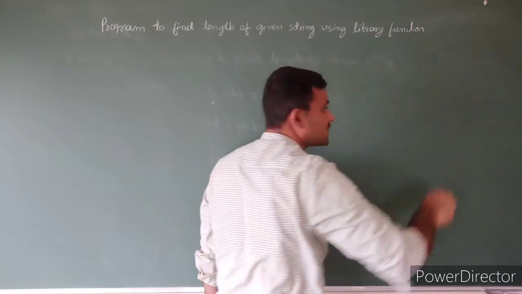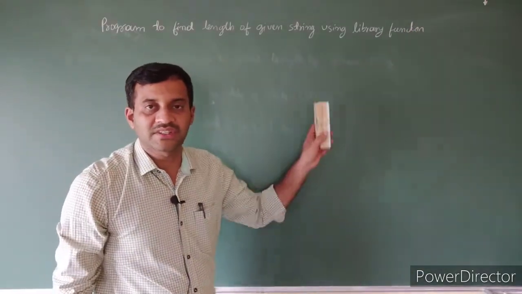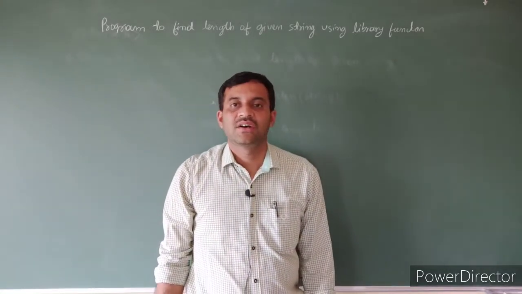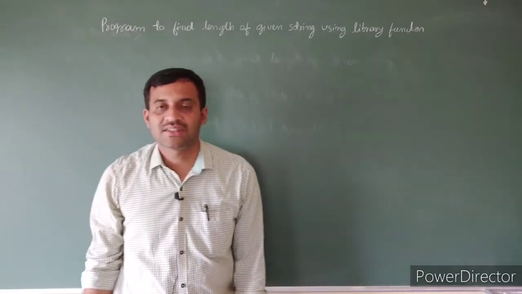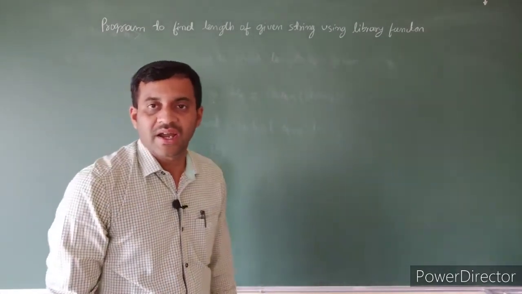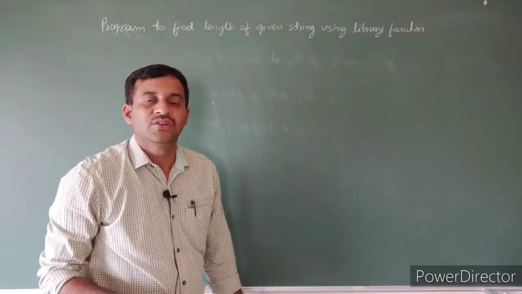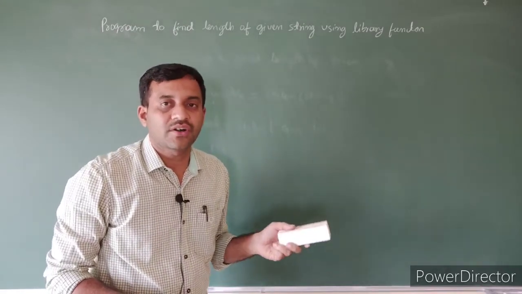Here library functions are the set of predefined functions. Those are available only through header files. So here you have to find the length of a given string. All the string handling functions belong to the header file string.h.